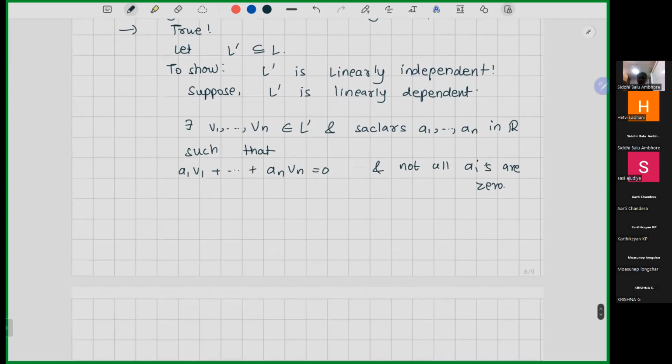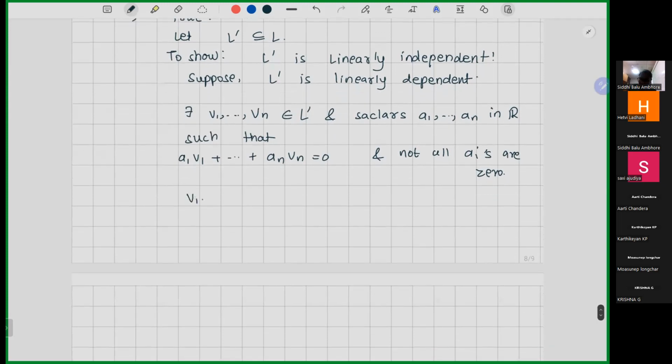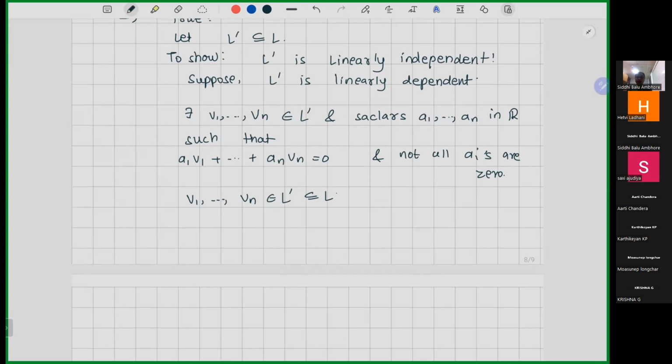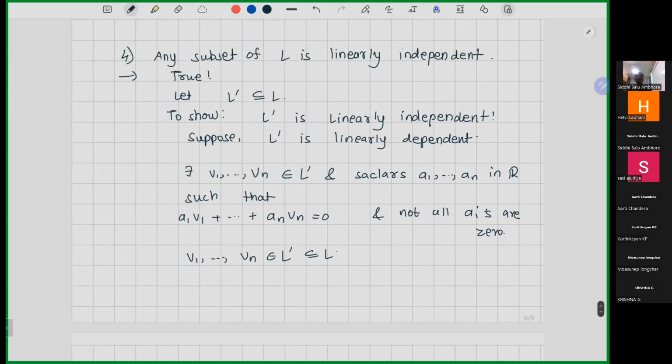But then this V1 to Vn, which belong to L dash, are also contained in L. So this linear combination holds in L also. And then these V1 to Vn, which are part of L, are a linearly dependent set. But what is given is that L is a linearly independent set.